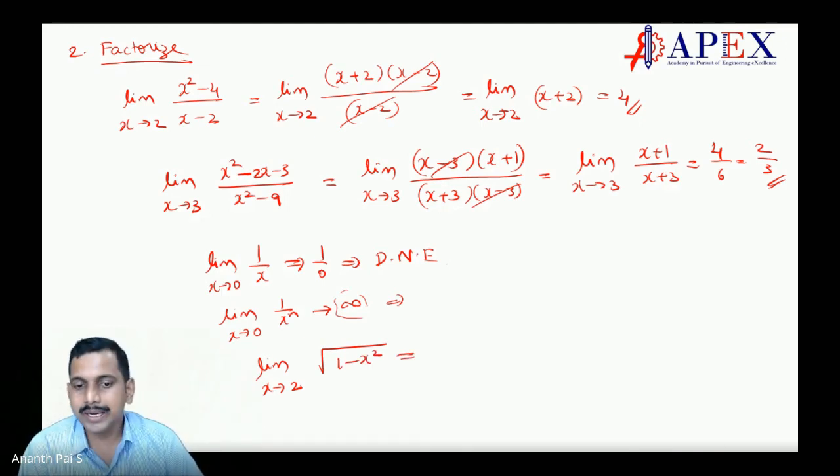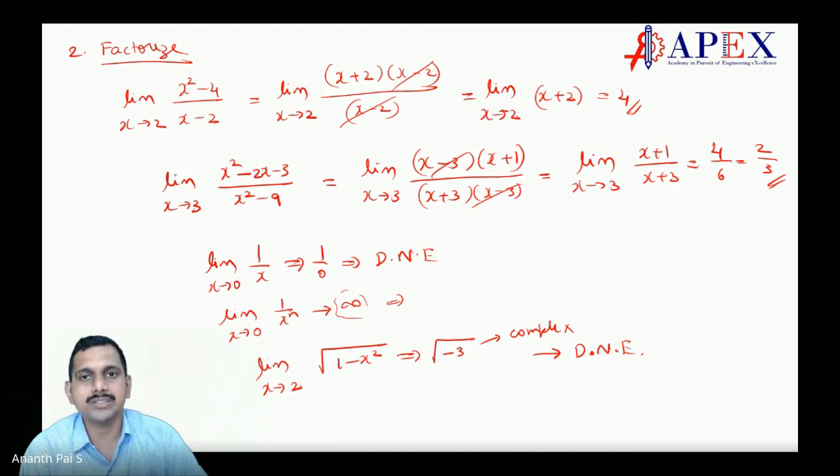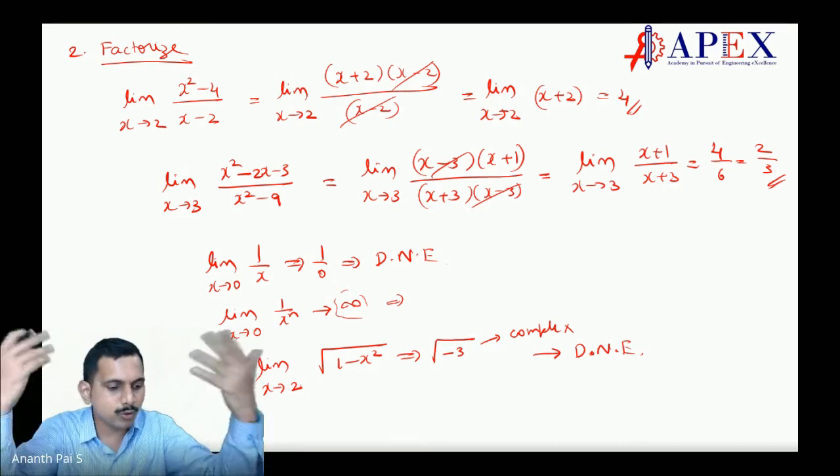You will get the square root of minus 3, which is complex, and we say it does not exist. Complex things do not exist. So if you get like this, then you have to stop. Factorization has failed, so we have to go to the next method.